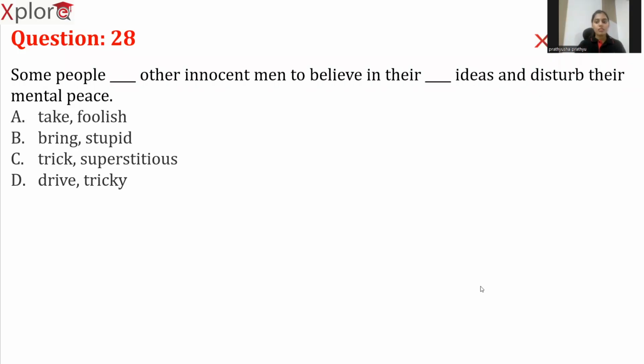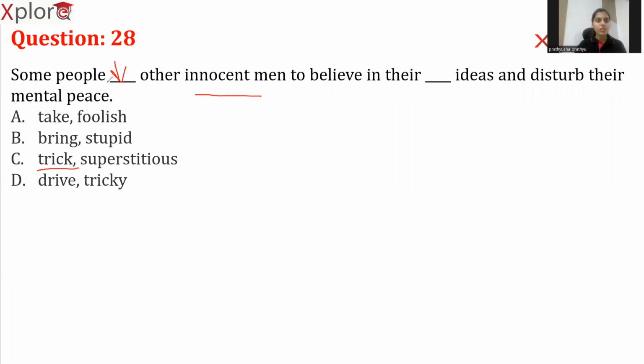So see here, this example is very easy and it is very clear. So you are an innocent person, and what am I doing to you? I'm tricking you to believe in my ideas, right? I am tricking you. It means I am making you believe in my ideas. So the right answer, the right blank which fits in this first blank, is the term trick.